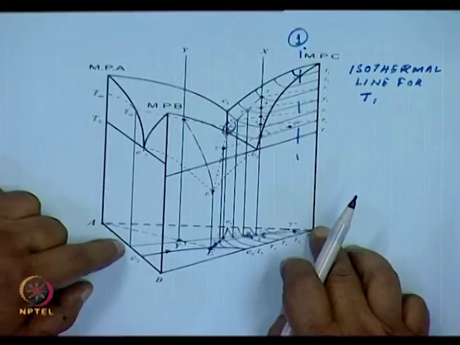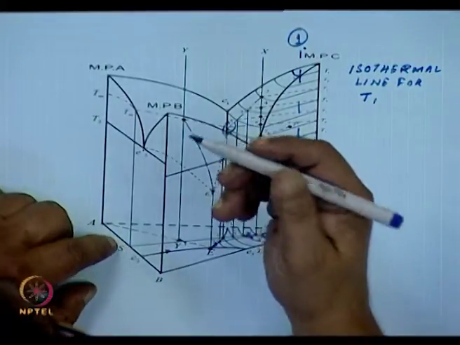Now, what I would like to do is be a little more of an explorer by trying to find out if you understand the three-phase diagram. So what I am going to look at now is not this.